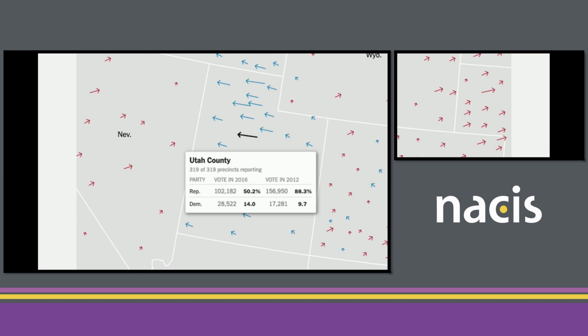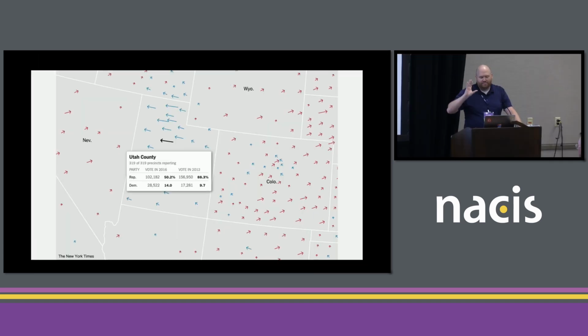But when you look at the total vote share, it went from about 10% in 2012 to only 14%. So it's about a 4 percentage point change. So where did those votes go, that 38 percentage point drop? Well, they went to another candidate.